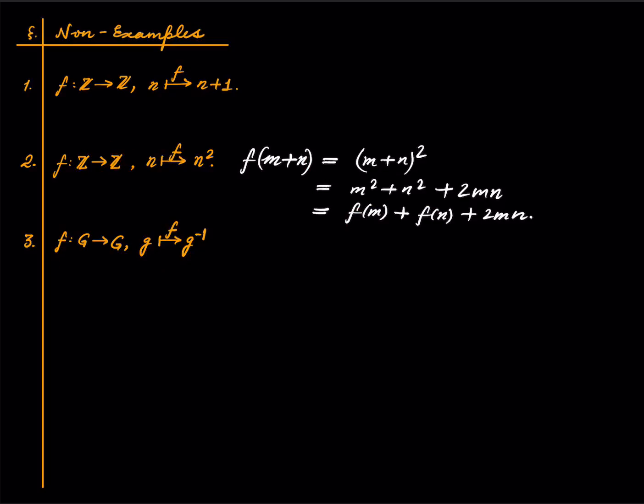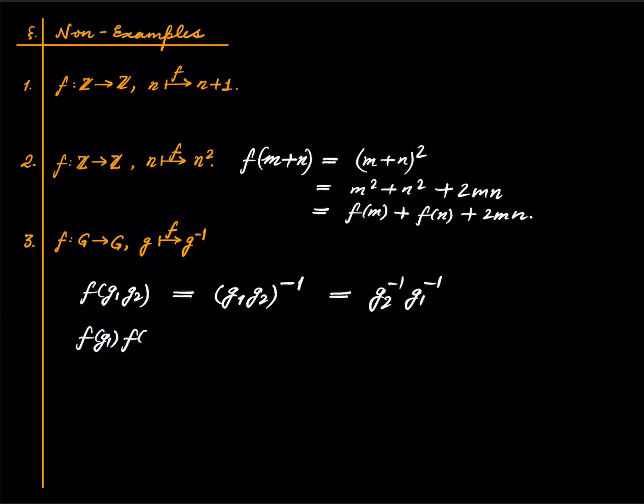Lastly, this is also not a group homomorphism because, so what is this map? You take any group G and map a given element to its inverse. Maybe one would naturally think that this kind of thing should be a group homomorphism, but it isn't. The reason is f of G1 G2 is G1 G2 whole inverse by definition of f, which is G2 inverse G1 inverse. And f of G1 times f of G2 is G1 inverse G2 inverse.